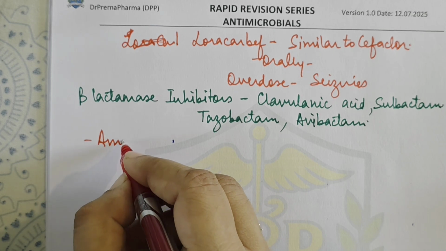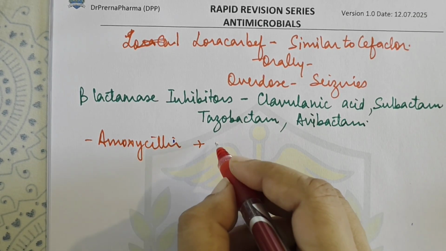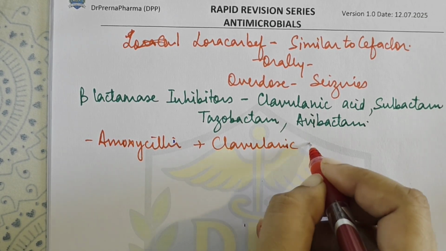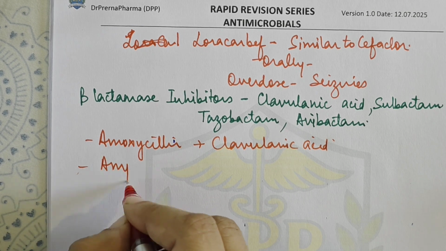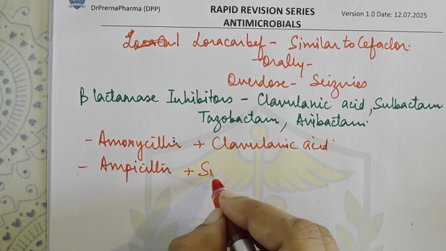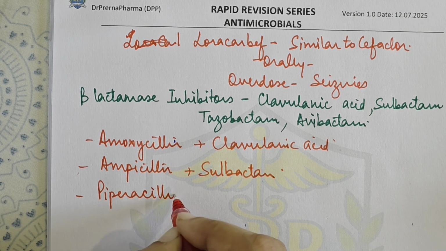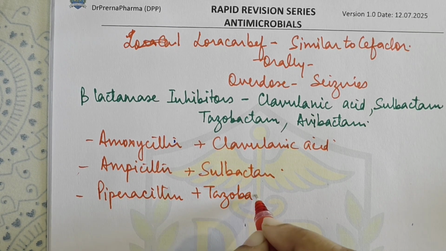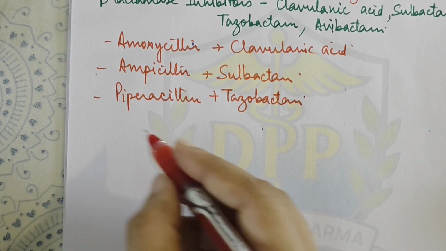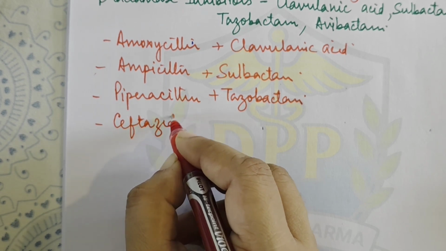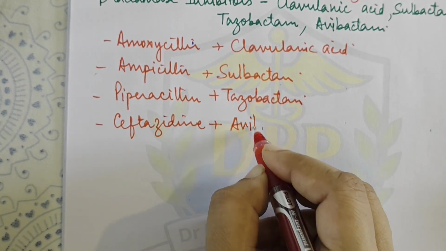Then amoxicillin is combined with clavulanic acid, ampicillin with sulbactam, and piperacillin with tazobactam. Now there is another combination: ceftazidime is combined with avibactam.